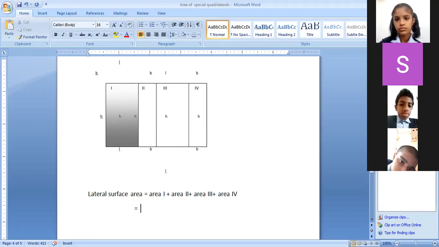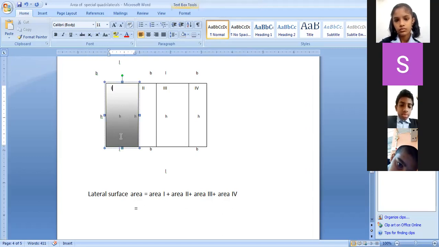What is the length of this rectangle? Tell me the length of rectangle 1, this selected rectangle. This line shows the length of the rectangle.